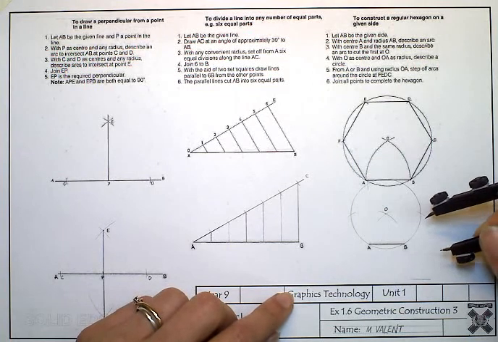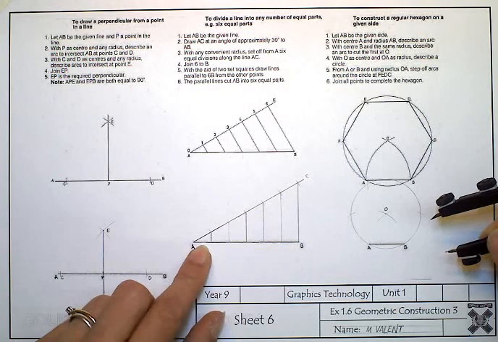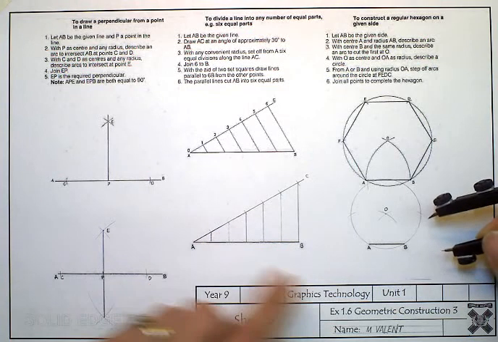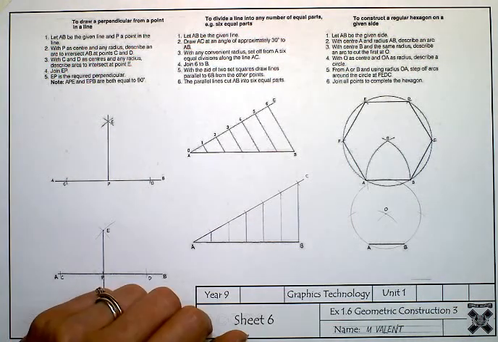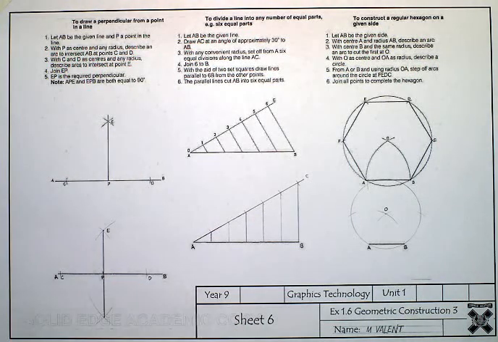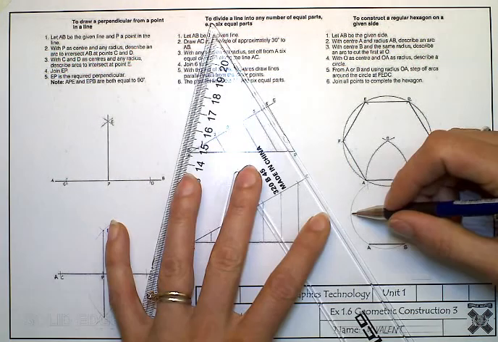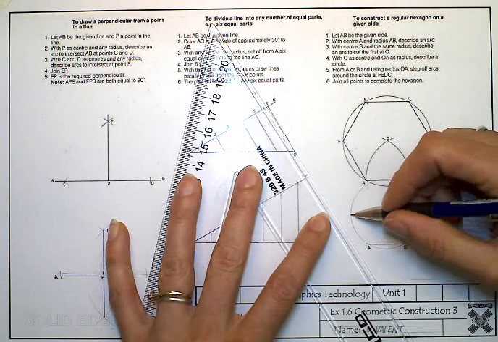So just like we divided this into 6 equal parts along here, we've divided this into 6 equal parts. Okay. Right, now we're going to join those. I'm going to use just a set square. And that will complete the hexagon.